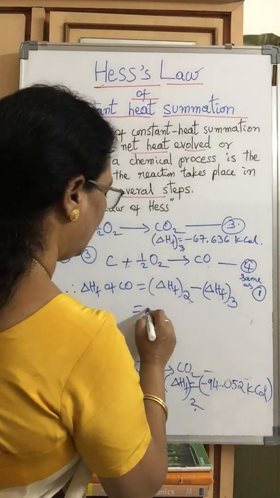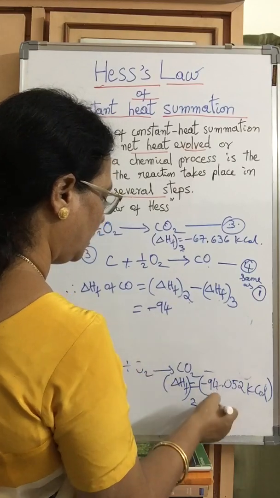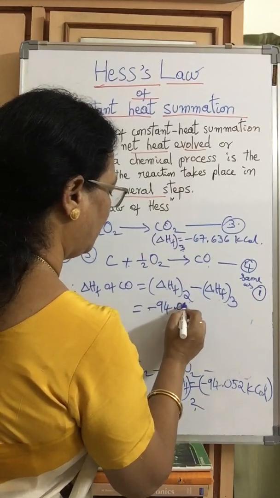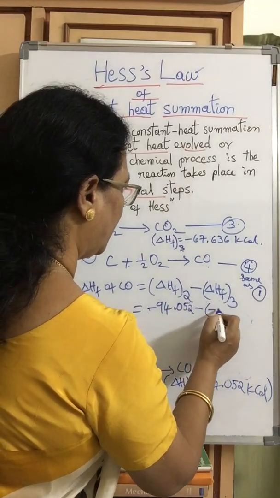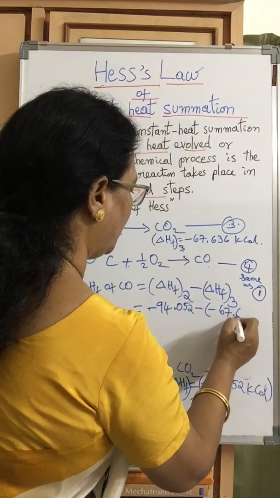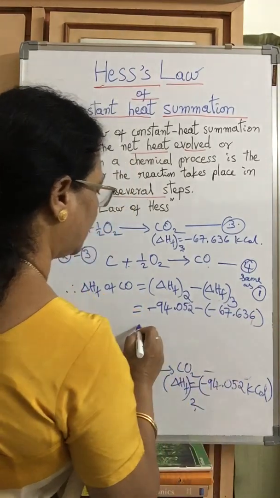So this is minus 94.052 minus minus 67.636.